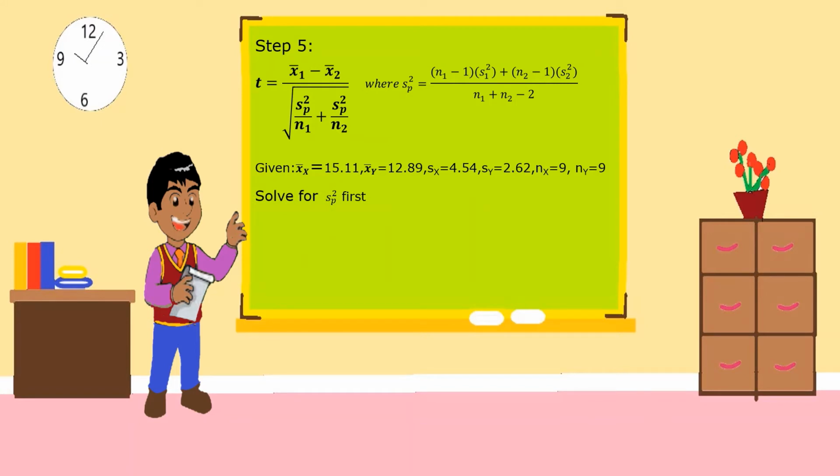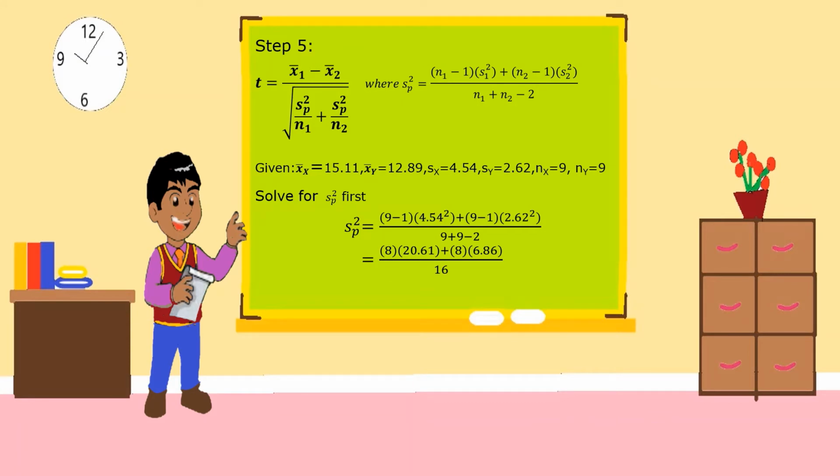So we'll solve first the square of SP, which is this one. We use the formula and substitute the given to the formula. That's why we have 9 minus 1 and the square of the standard deviation. Then 9 minus 1, the square of the second standard deviation. And then 9 plus 9 minus 2.